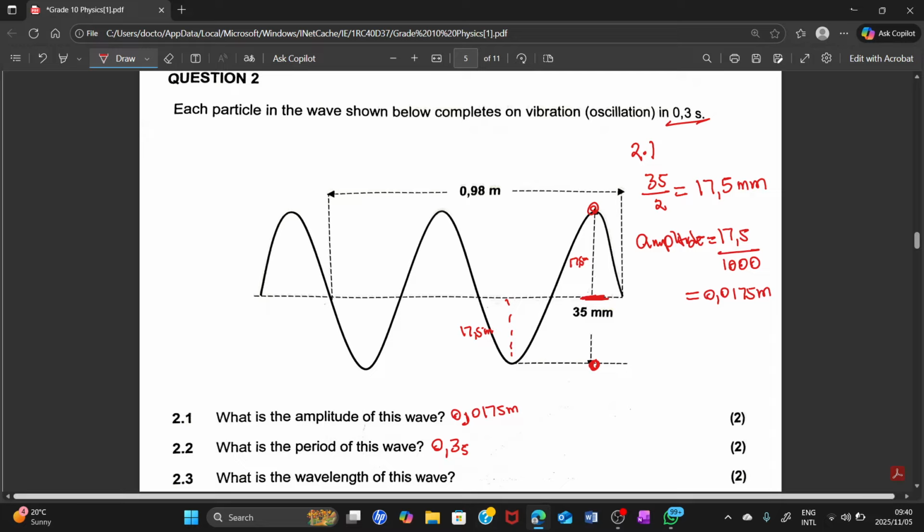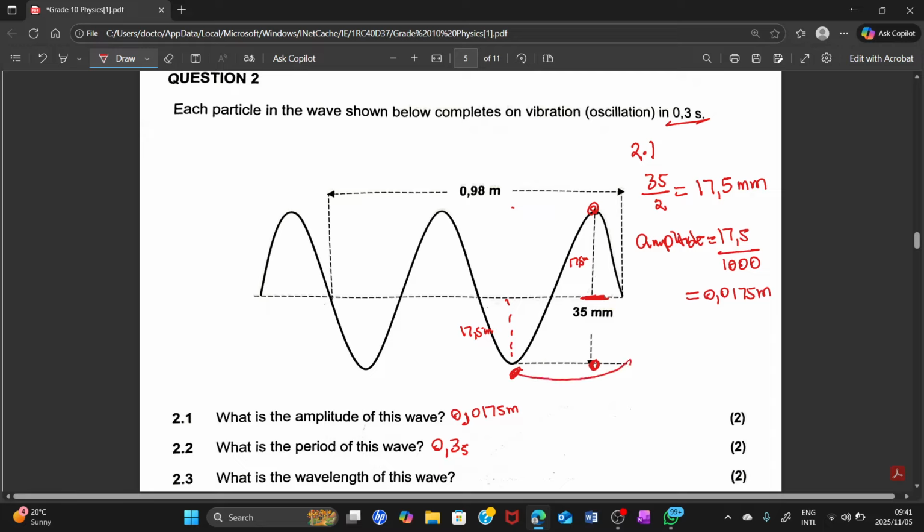Now, what is the wavelength of this wave? Okay. Now, you can see that the wavelength is from here up until this part.